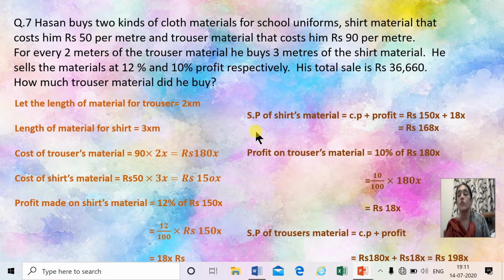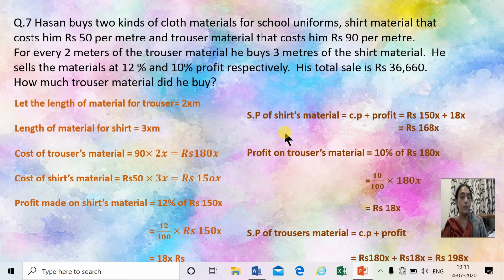So the selling price of the shirt material is cost price plus profit, which is equal to rupees 150x plus 18x. You already know this: whenever profit is given, we add it to the cost price, and if there is a loss, we subtract it from the cost price to find the selling price.